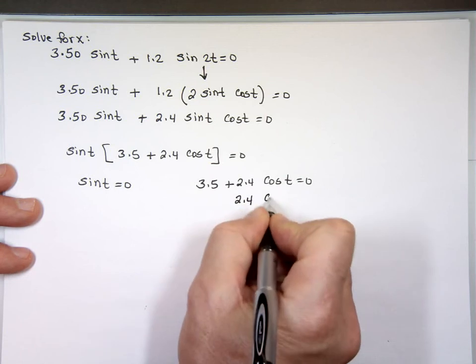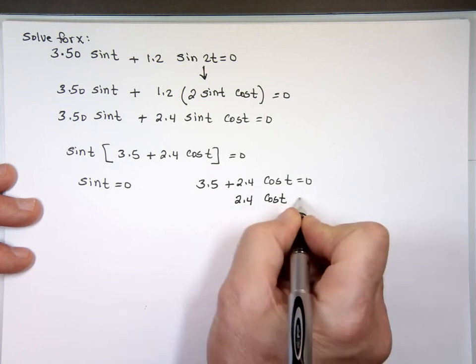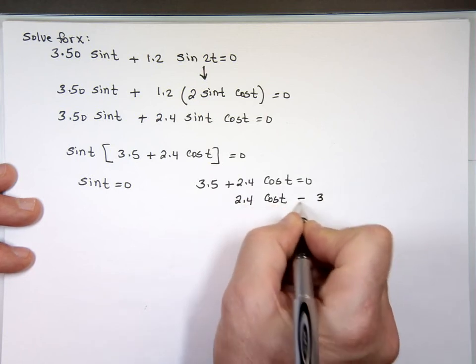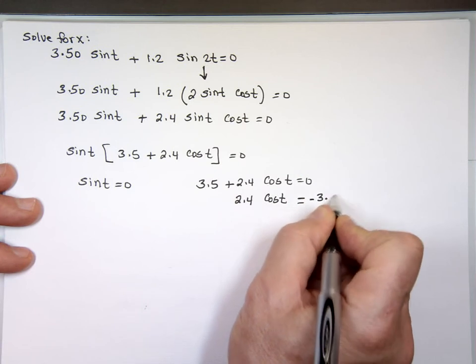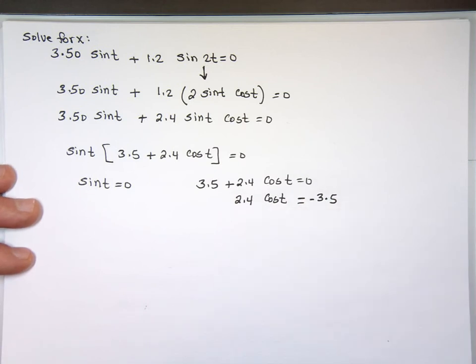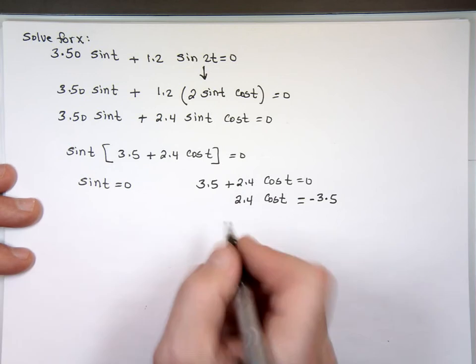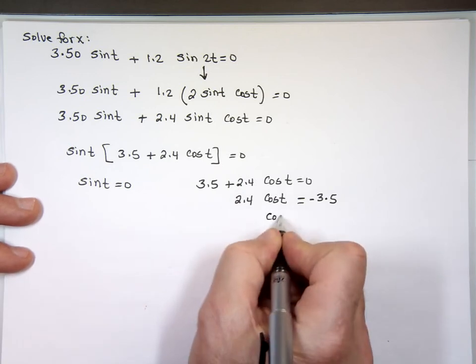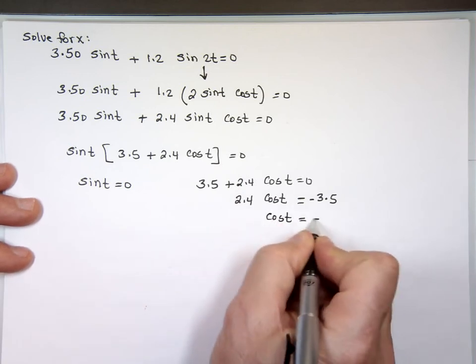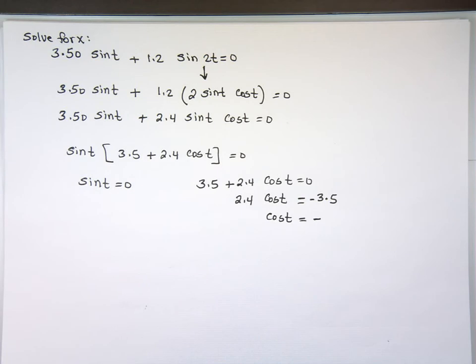That would be negative 3.5. Divide both sides by 2.4. What's 3.5 divided by 2.4? 1.458. Yes.